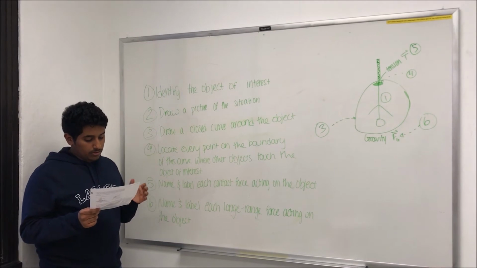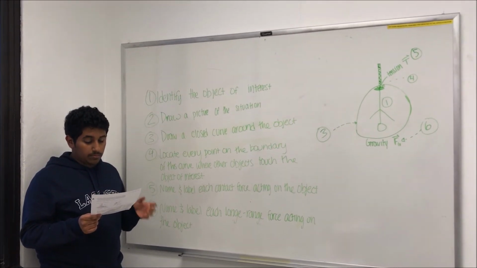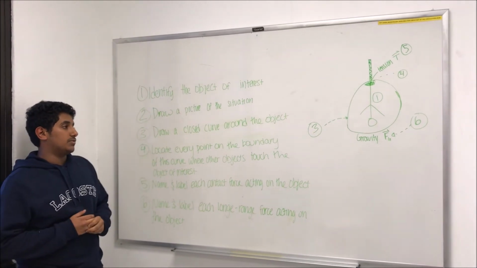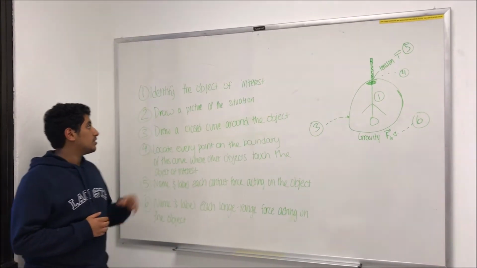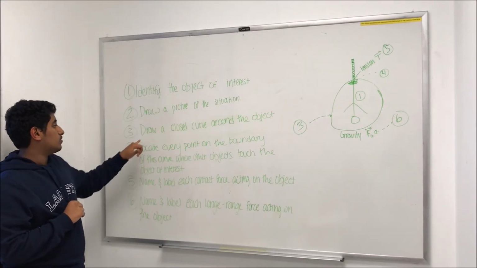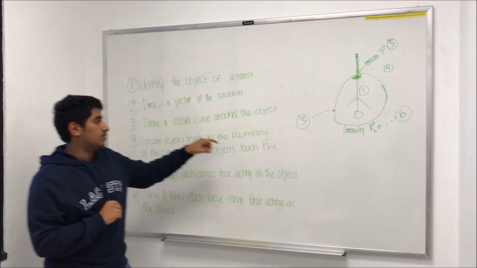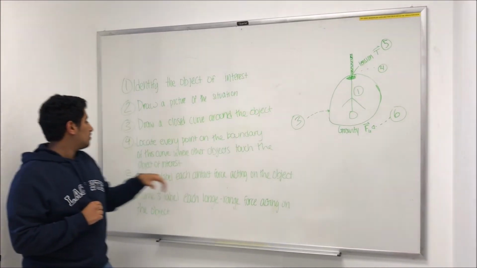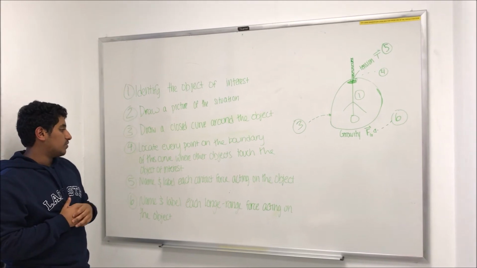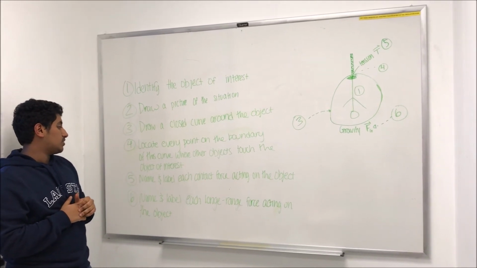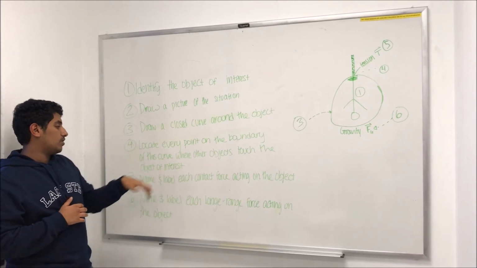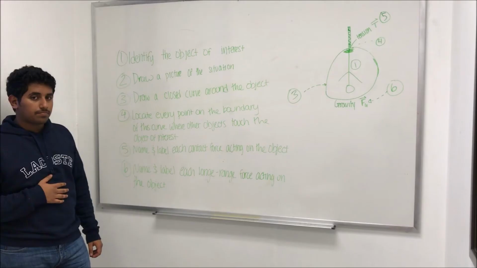With this new information, let's look at this example. A bungee jumper has leapt off a bridge and is nearing the bottom of her fall. First, we need to identify the object of interest, like the human in the picture. Second, we should draw a picture of the situation. Third, we should draw a closed curve around the object. Fourth, locate every point on the boundary of this curve where other objects touch the object of interest, where the other object is the rope, and the object of interest is the human.